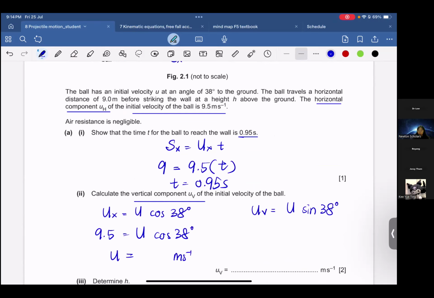Then with this u, we substitute it in here. Tell me your final answer after you do the calculation. Okay, the final answer for this is 7.4. Check whether you get 7.4. If you get 7.4, then it should be fine. In physics, there are a lot of methods to solve the question.